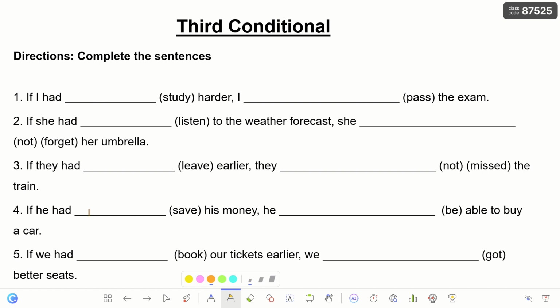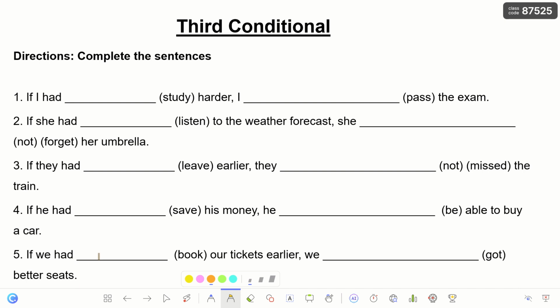If he had saved his money, he wouldn't have been able to buy a car. He would have been able, sorry, not wouldn't. If he had saved his money, لو وفر فلوسه كان ممكن يشتري سيارة. He would have been able to buy a car, but actually he didn't save his money, and so now he's not able to buy that car.